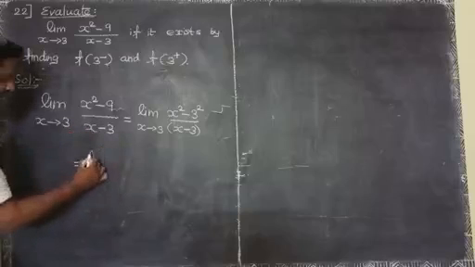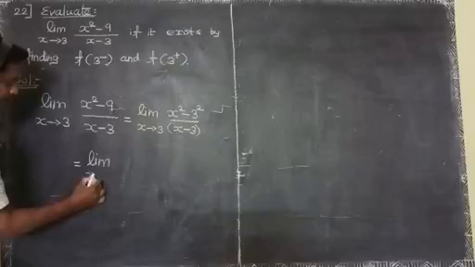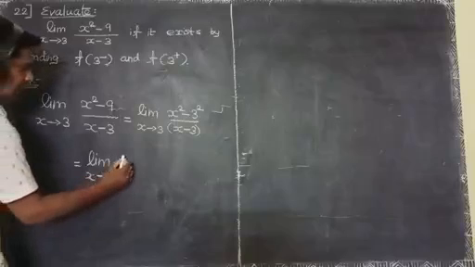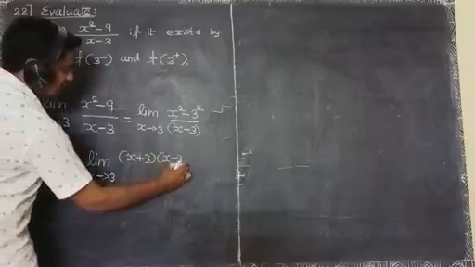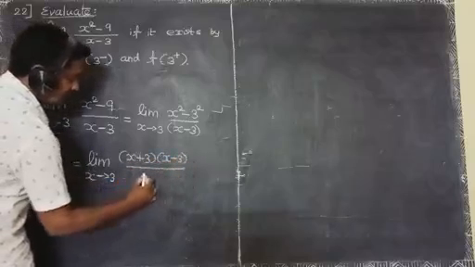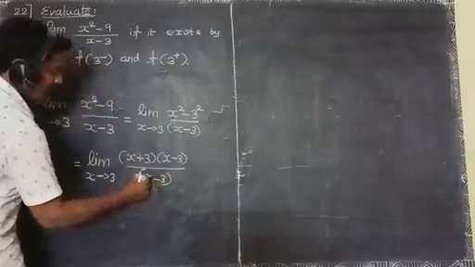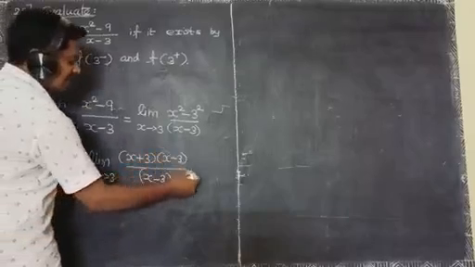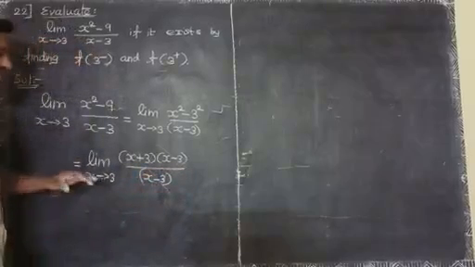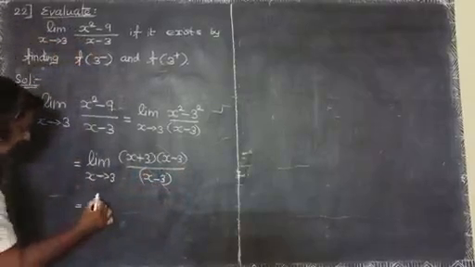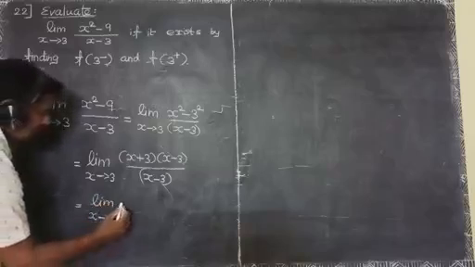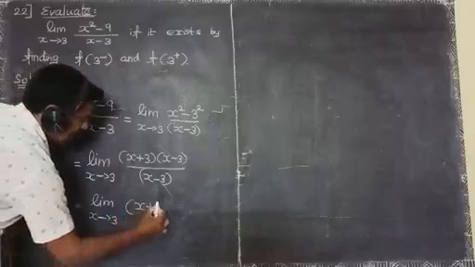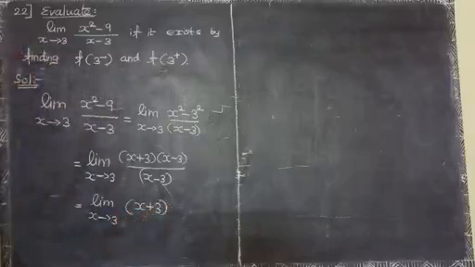So the limit as x approaches 3 of (x plus 3) into (x minus 3) divided by (x minus 3). Here the factor x minus 3 cancels, and the final result is the limit as x approaches 3 of x plus 3.